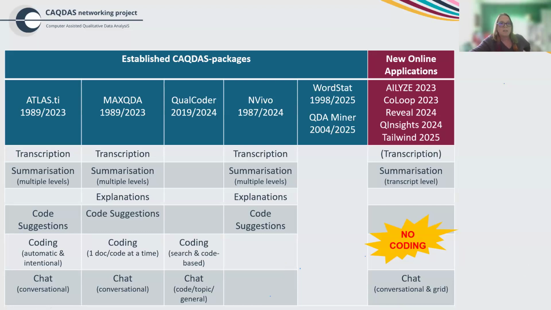The question that Vanessa asks in the chat is about privacy and consent concerns. Depending on which of these you're using, they have agreements with the engine that they're using around what happens with the data. You definitely need to read all of that privacy and security information on those websites.